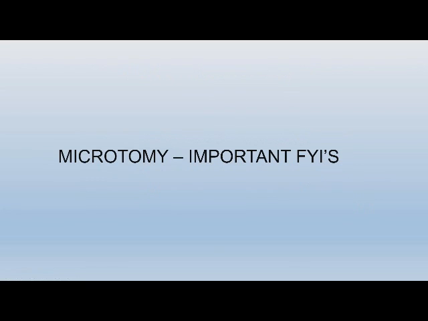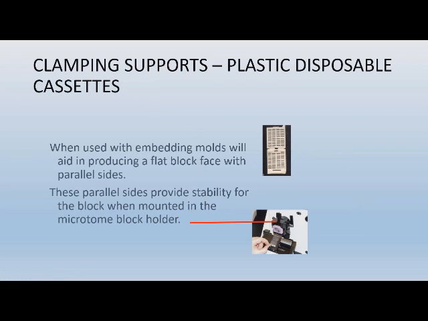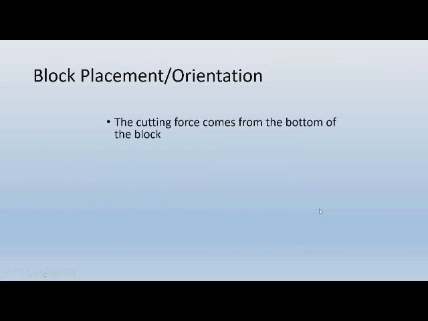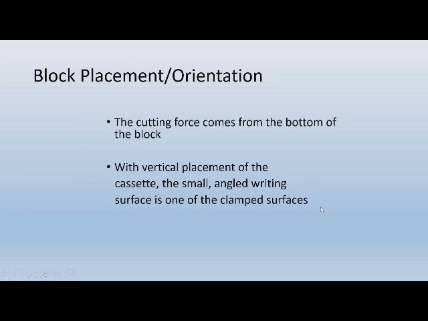Microtomy, important FYIs. So we all use these plastic disposable cassettes, and they provide us with support for our blocks in the microtome. They provide us with a way to embed our tissue, and when we put them in the microtome, we have two parallel sides that provide stability for the block when it's mounted. Now the cutting force comes from the bottom of the block.